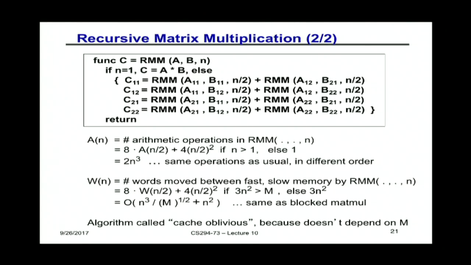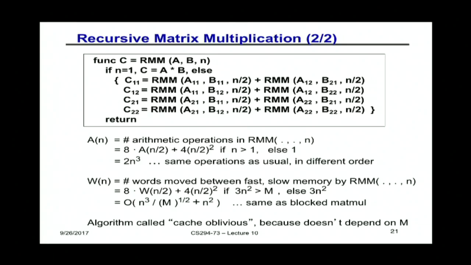And now we count W, which is interesting here. W is the number of words moved between fast and slow memory by the recursive algorithm. Similarly, you have the same relation: 8 of those, W of half of the size, and then the lower order term is 4 of those, n over 2 squared. I add this together, and it's going to be n cubed divided by square root of M plus the lower order term. So it's the same as the blocked algorithm.